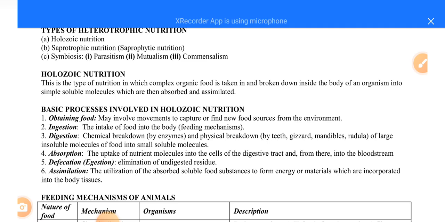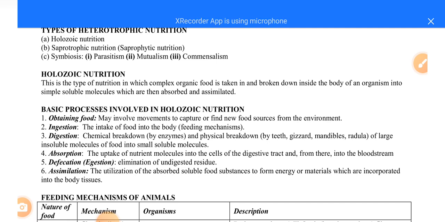Ingestion is the intake of food into the body through feeding mechanisms. Then third, we have digestion, where chemical digestion is by enzymes, and physical digestion, as we all know, is by the teeth, gizzard for birds, and mandibles, breaking large insoluble molecules of food into smaller soluble molecules.